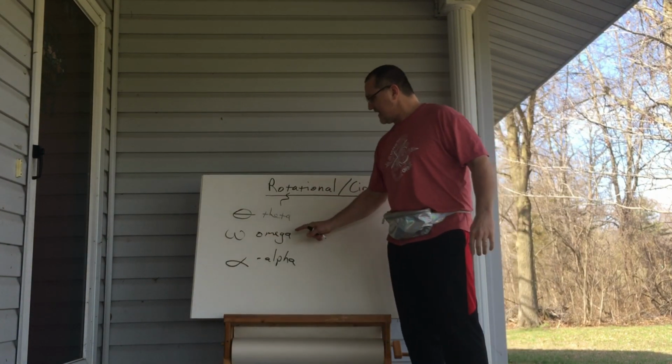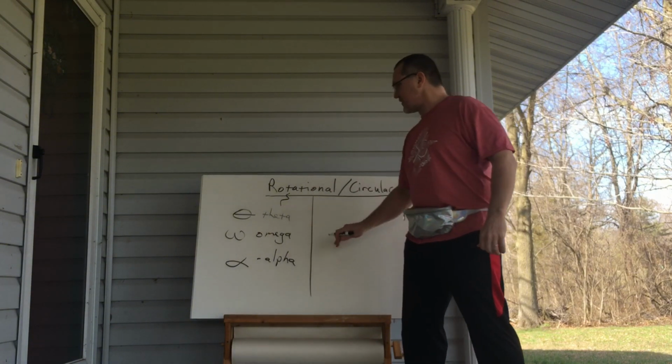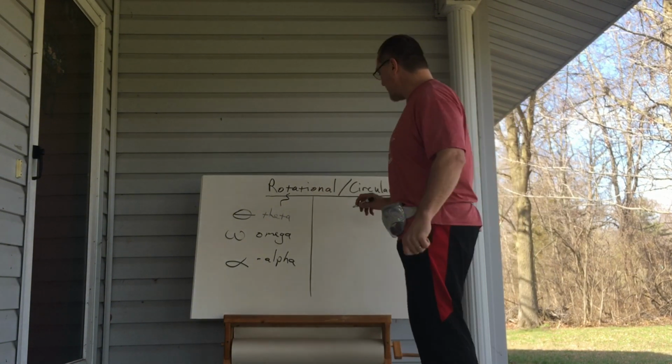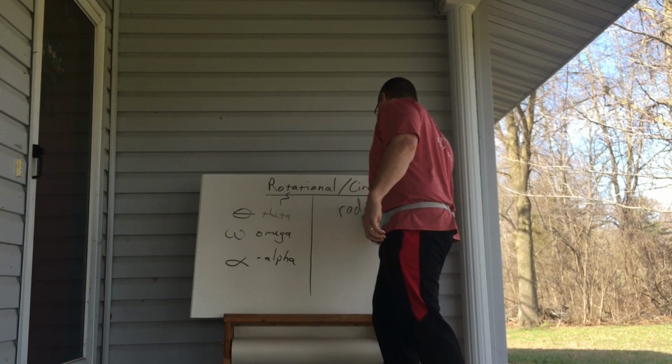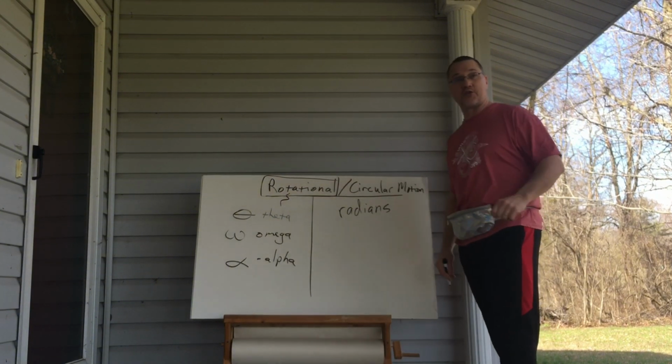So theta, omega, and alpha. This stuff is just stuff that you should have learned in trigonometry. In trig, you dealt with radians. This is what we are dealing with now when you're talking about rotational motion.